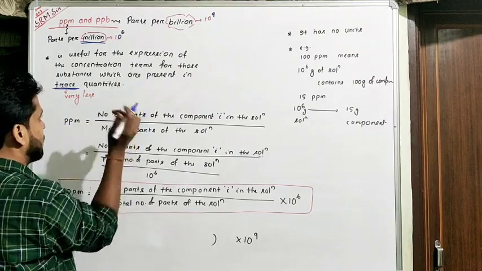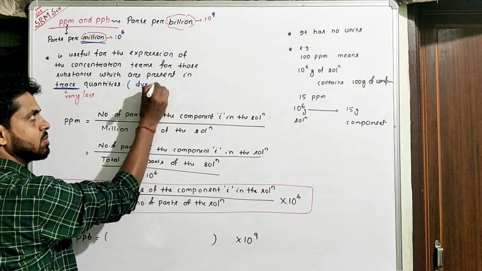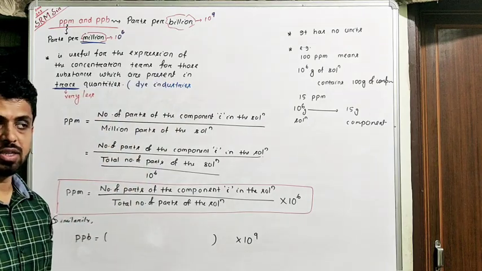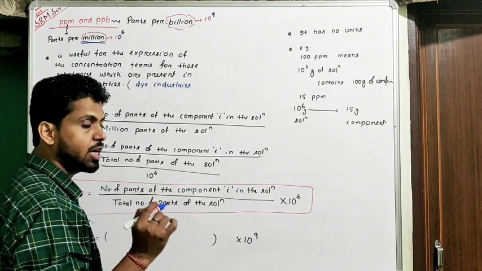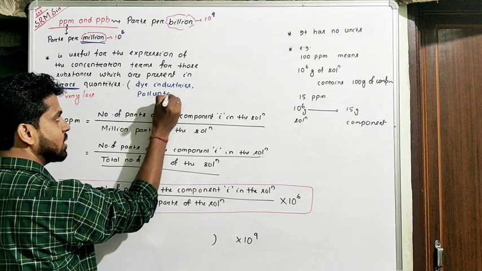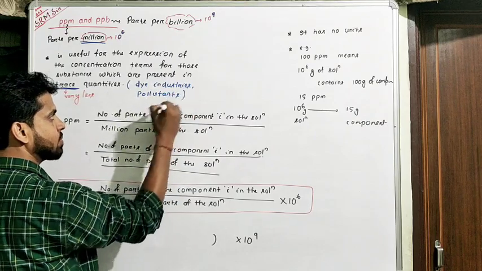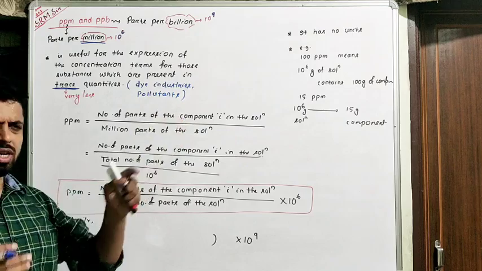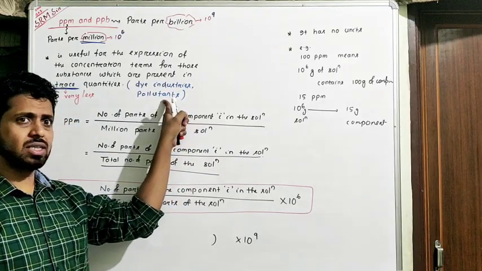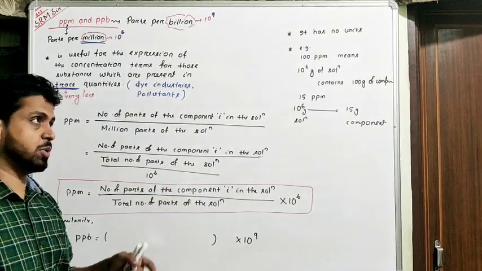For example, dye industries, for example the color of the solution, 100 ppm, or in the expression of the concentration of pollutants. Pollutants, even in small amounts, can pollute, so that's why a pollutant is present in a lesser amount, may be present in more amount, but if it is present in a lesser amount, then we have to express it in what?